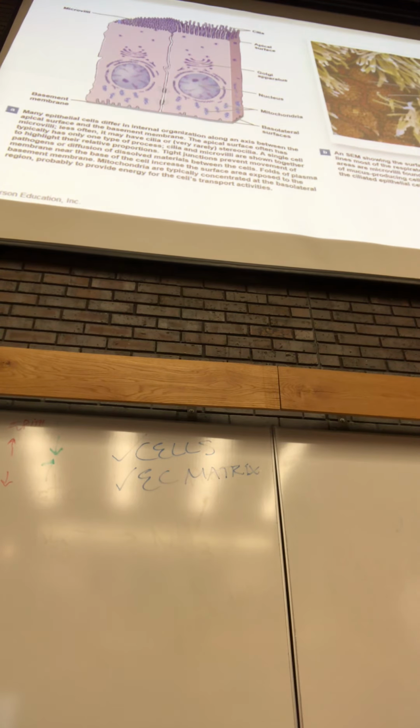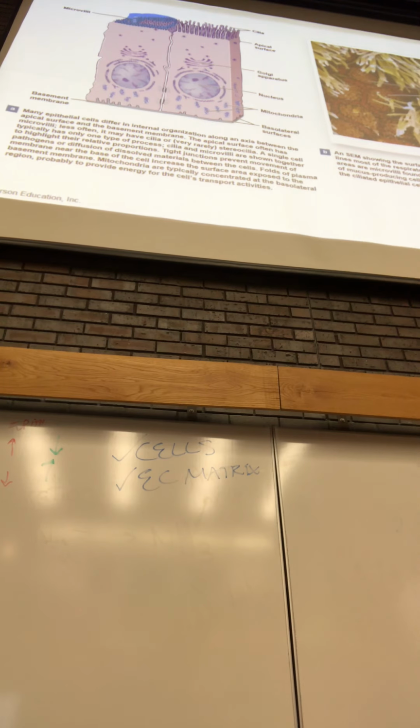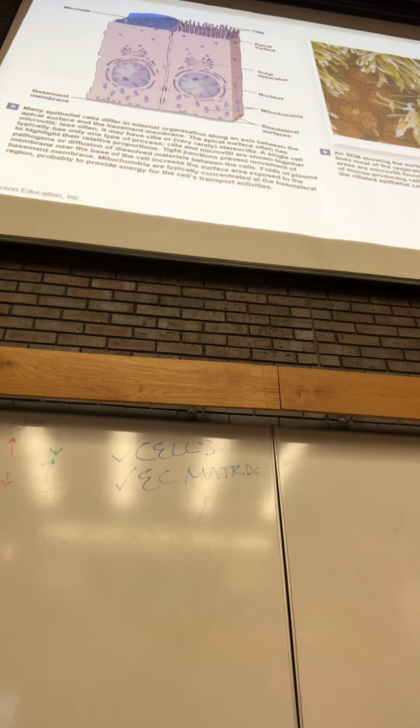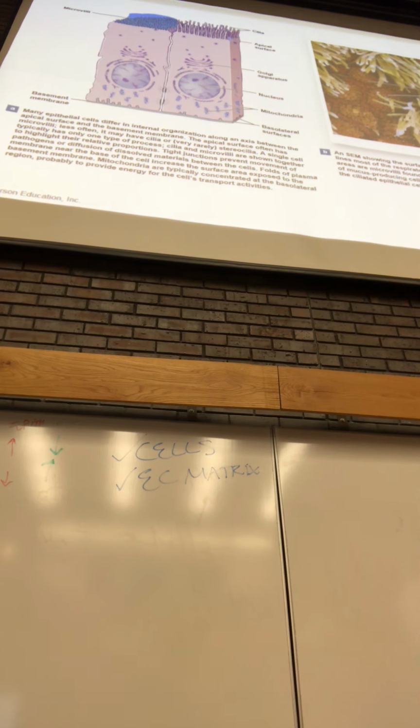Some epithelial cells have extensions of their cell membrane that make more surface area, such as in the intestine. These fingers of cell membrane give more surface area to absorb nutrients. Some of these epithelial cells have long hairs growing out the top of them that can actually move.